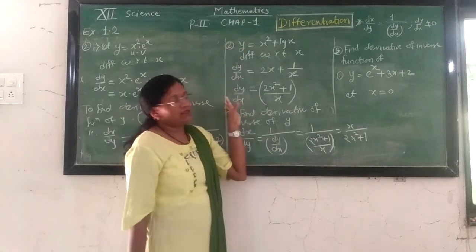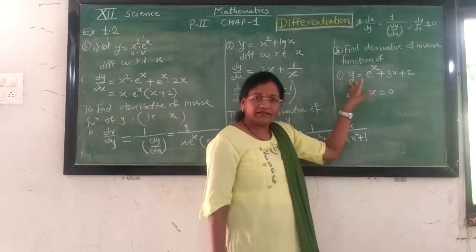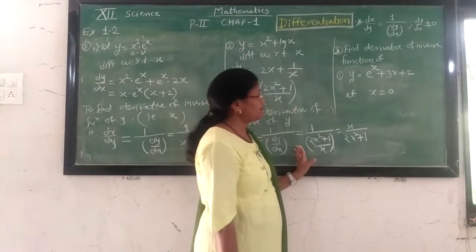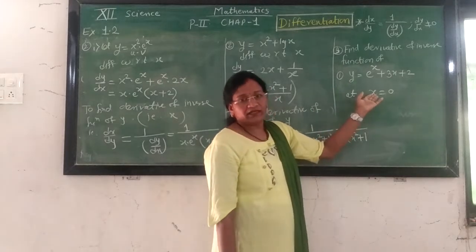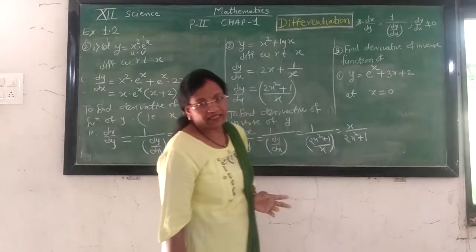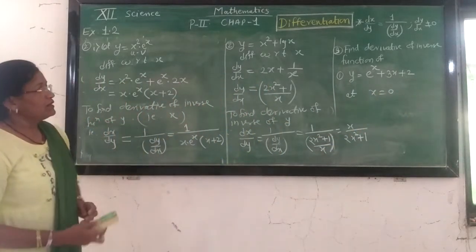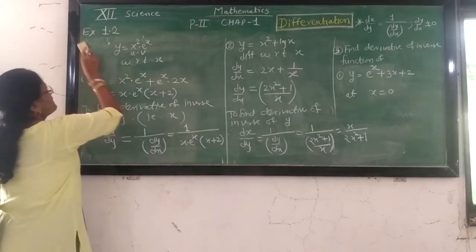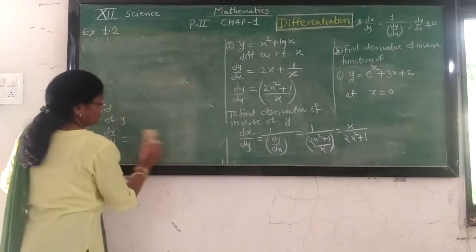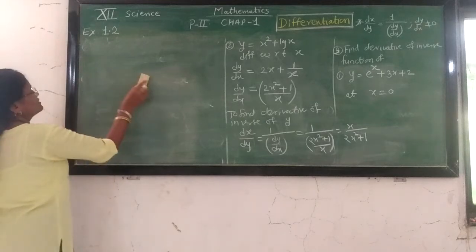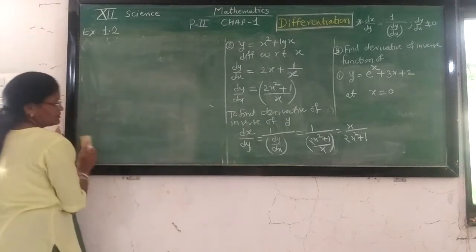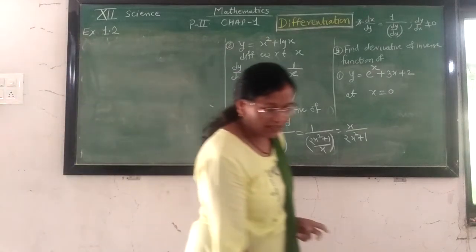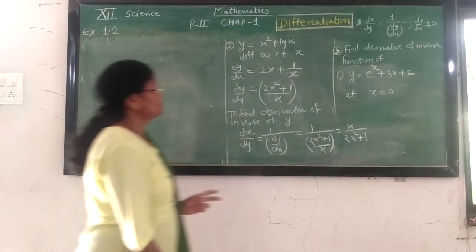In a similar manner to the previous example, we find dy by dx, then its reciprocal to get dx by dy, and in dx by dy we take the value x is equal to 0, meaning the point is given to you. It is a very easy example, but we take the concept of the inverse function in algebraic form.